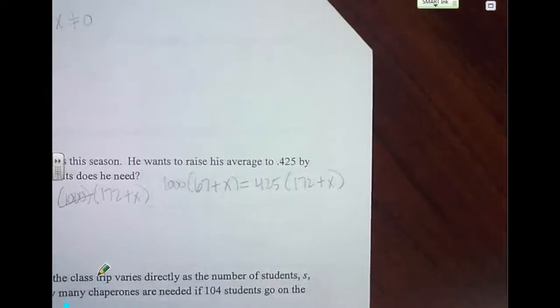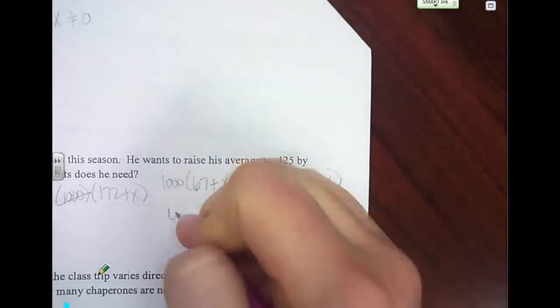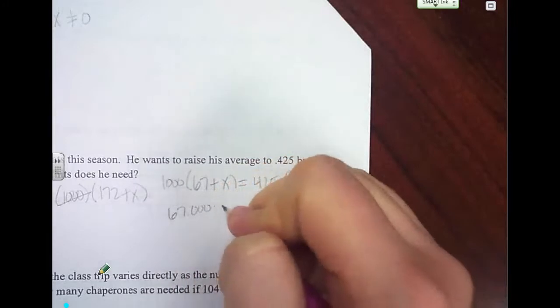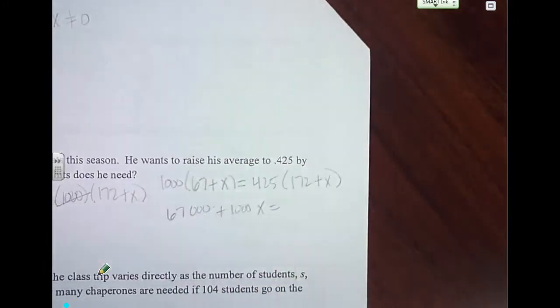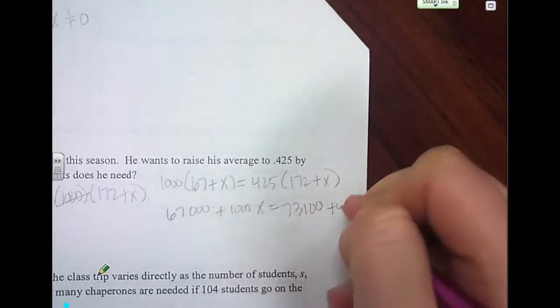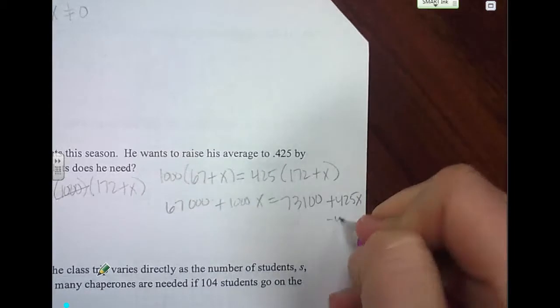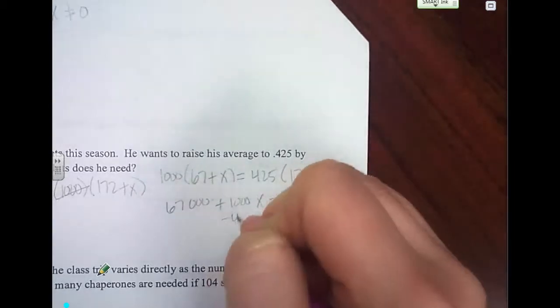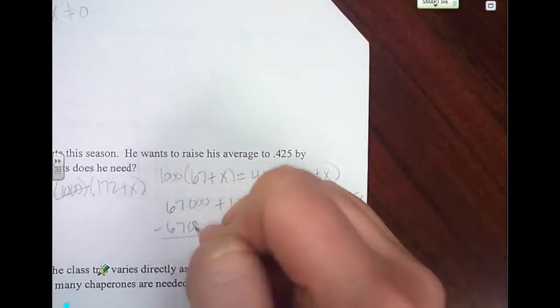So distribute on both sides. So 67,000 plus 1,000x equals 73,100 plus 425x. I'm going to subtract the 425x to this side, and I'm going to subtract the 67,000 to this side.